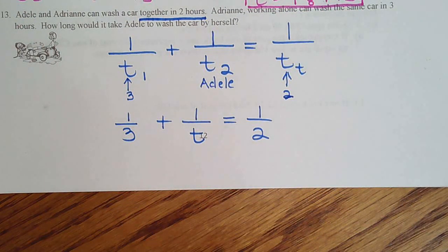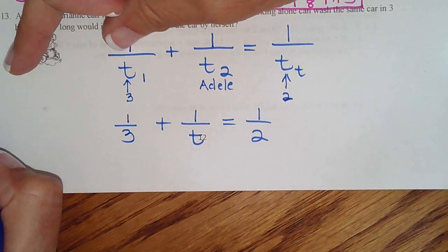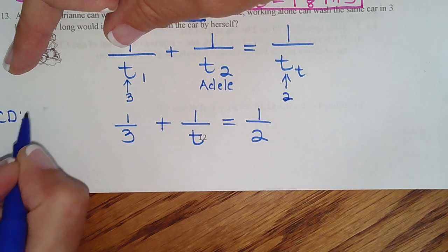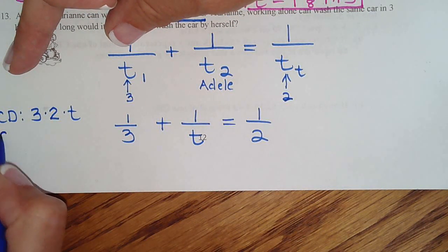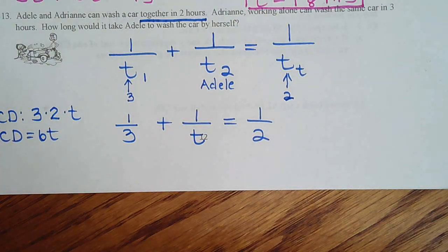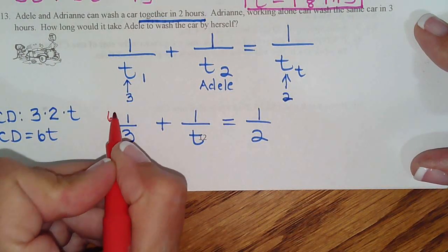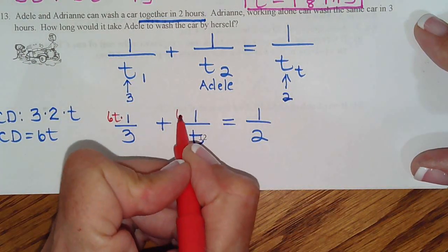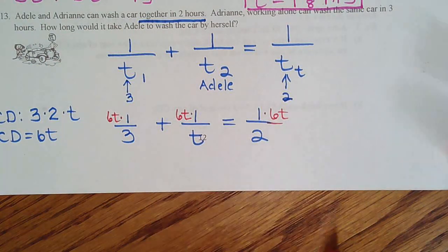So LCD, write everything you see. I see a 3. I see a 2. I see a t. So the LCD is 6t. So in the numerator of every fraction, do 6t times.